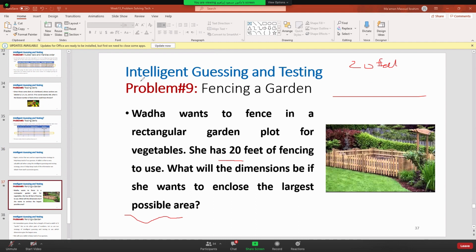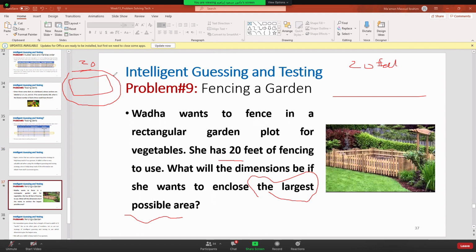So imagine that this is the fence. هذا الفنس. المحيط كامل, the perimeter for this is 20. هذا المحيط كامل اللي معها. So she thinks how to enclose the largest possible area. كيف تغطي أكبر مساحة باستخدام هذا الفنس.